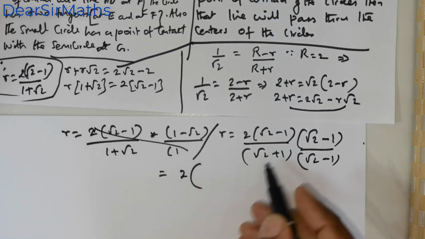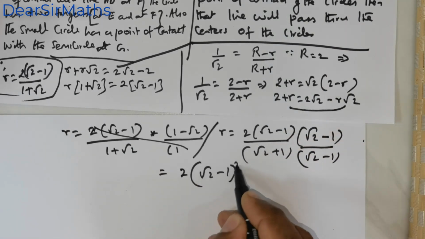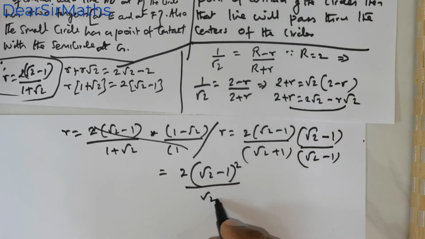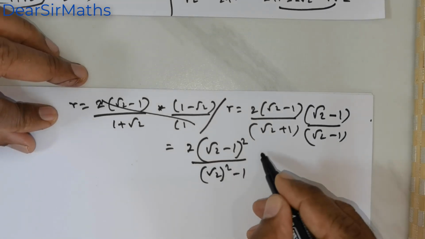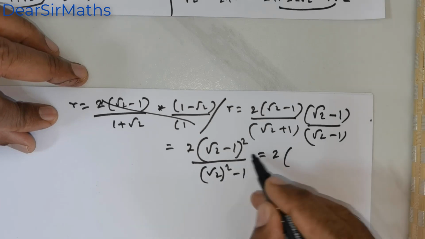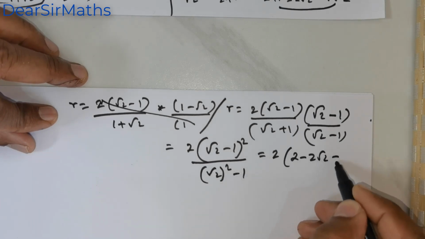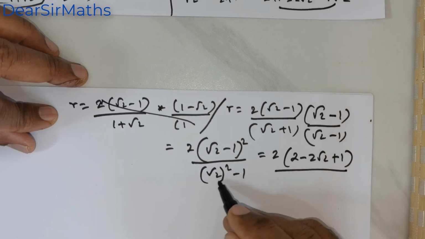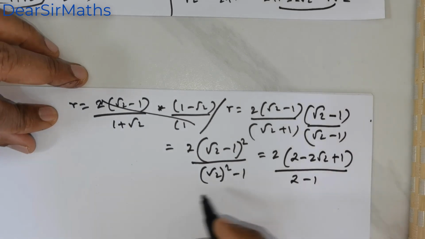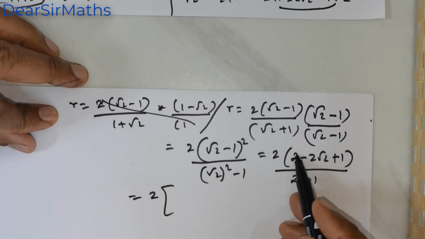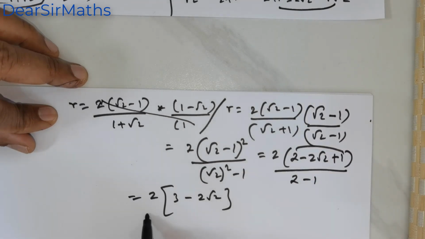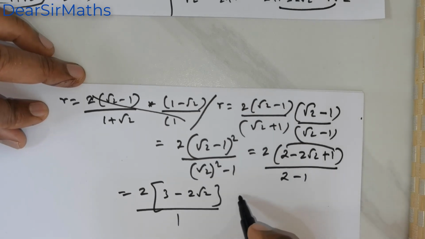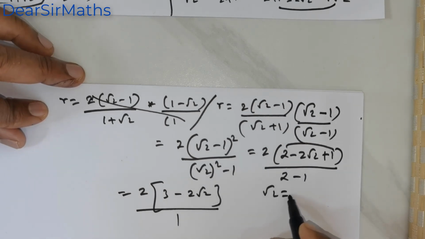So it's going to be 2 times of, this is root of 2 minus 1 raised to the power of 2 divided by, this is root of 2 squared minus 1, which is equal to 2 times, you square this, you get 2 negative 2 times the root of 2 positive 1, divided by root 2 squared is going to be 2 minus 1, which is going to be 2 times of 2 added with 1 is 3 negative 2 times root of 2 divided by 1. Now root 2 is approximately 1.414.